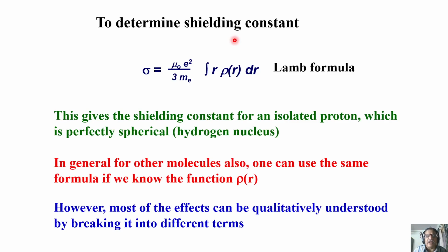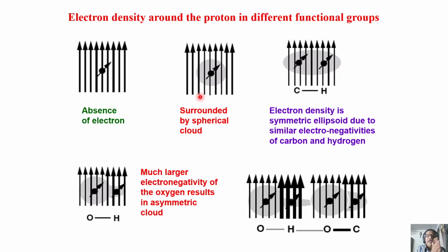So various factors add to this, and sigma can be calculated accordingly, but this is a general formula. If you want to know how screening constants are determined, there is a general formula called Lamb's formula which is utilized.